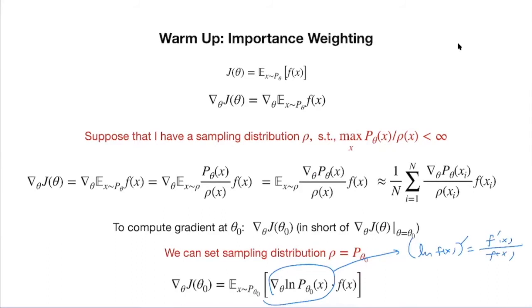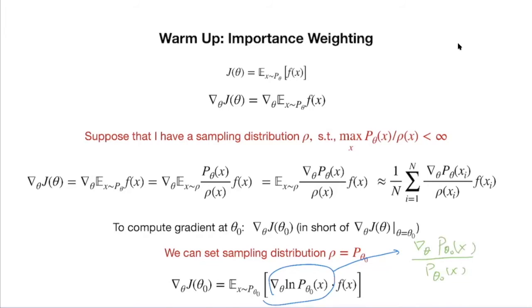So now let's look at what happens if we do this in multi-dimension. This is essentially just equal to p theta 0 of x times the gradient with respect to theta of log p theta 0 of x, just by chain rule.